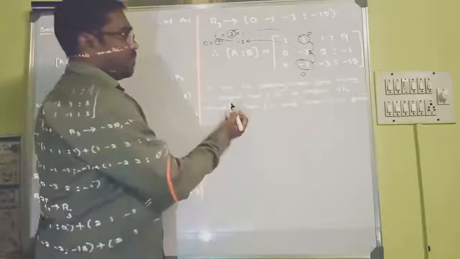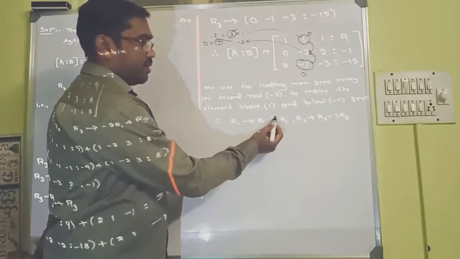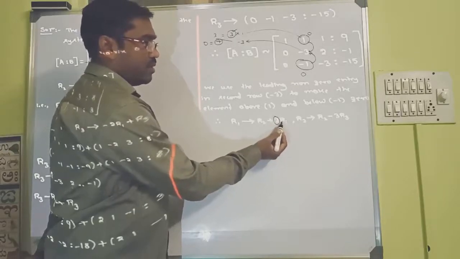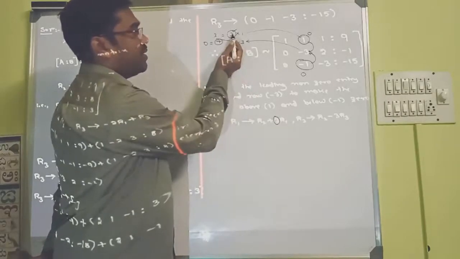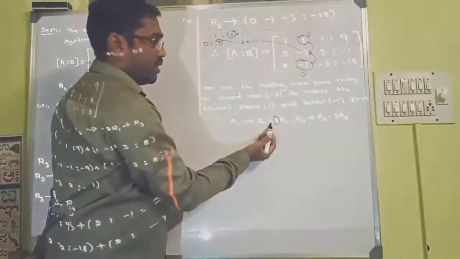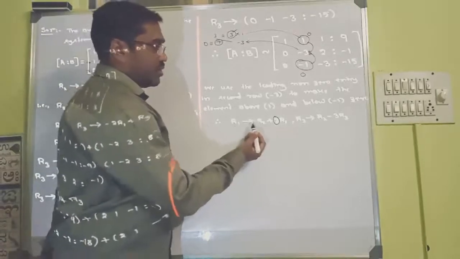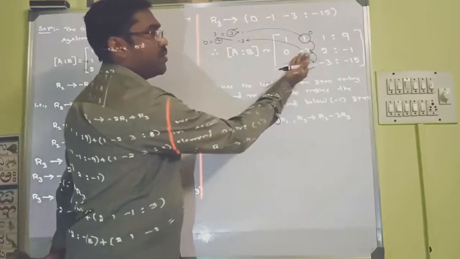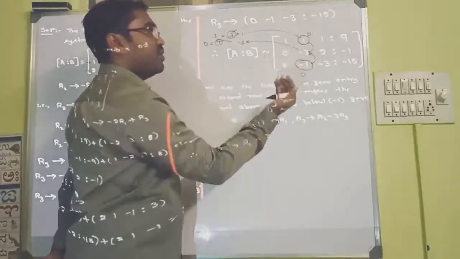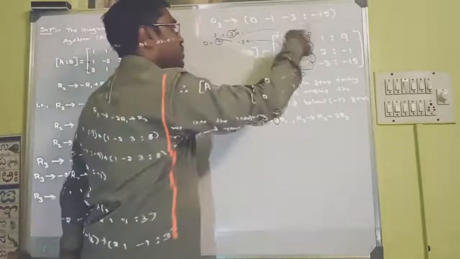Now let us see what we do. Multiply 3 with R1, then add with R2. So we write R2 changes to R2 plus 3 times R1, so that it becomes -3 plus 3, 0 here.